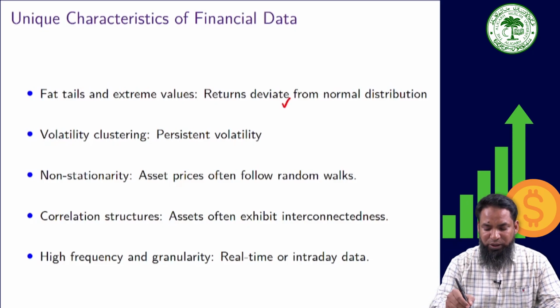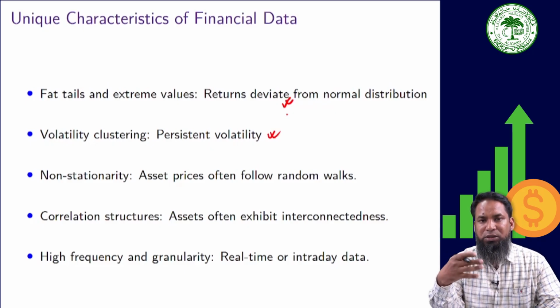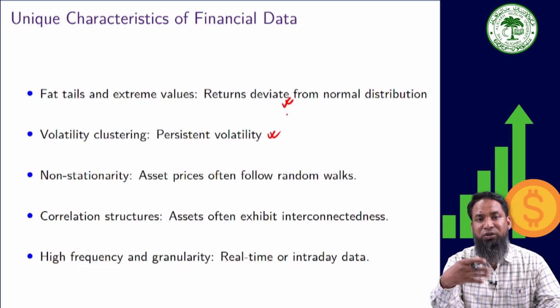When we have these two characteristics in financial data, then normal econometric models, structural models, where we assume that the data follows the normal distribution and that the variance, or the fluctuations or variability, is constant, may be misleading when implemented. They may mislead us, or may mask the true relationship or true behavior of the variables.